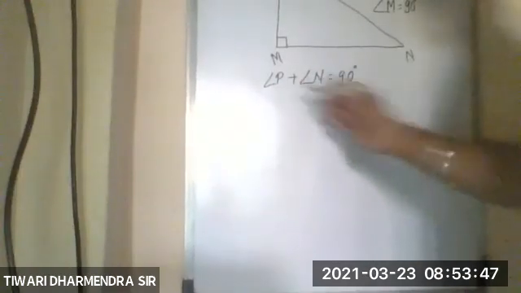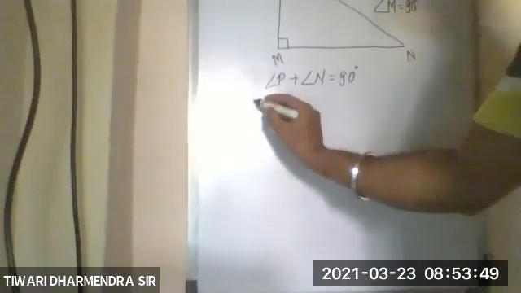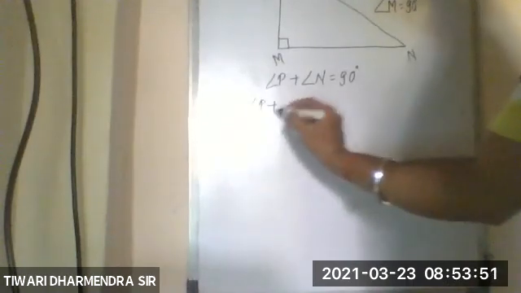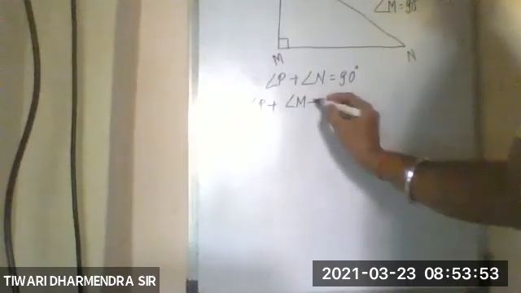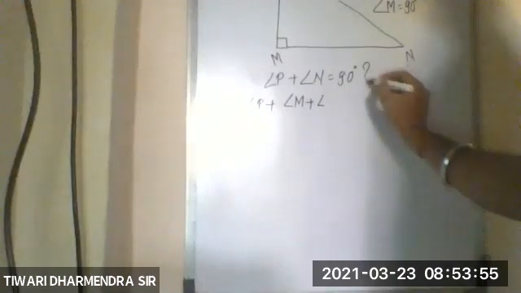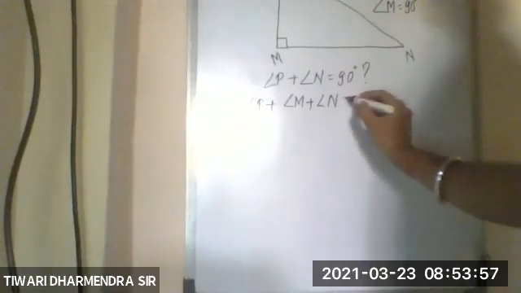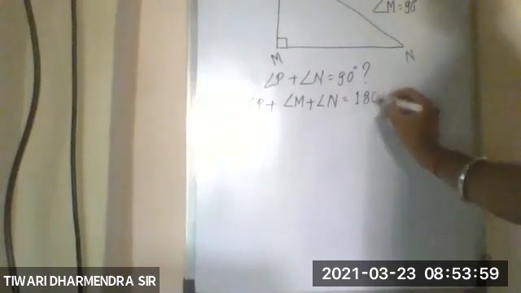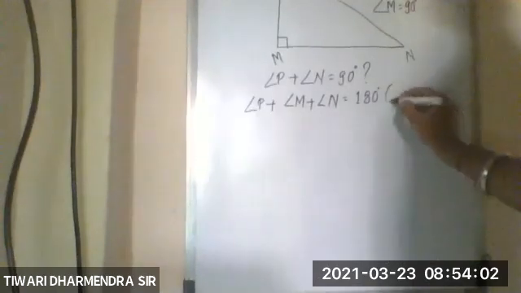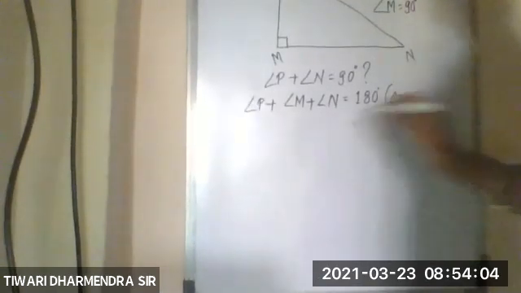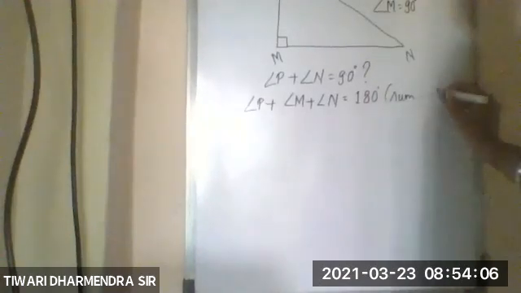If you are having a doubt, I will write again. Angle P plus angle M plus angle N is equal to 180-degree. The sum of the measures of all angles of a triangle is 180-degree.